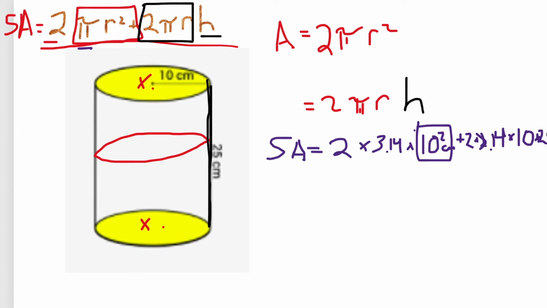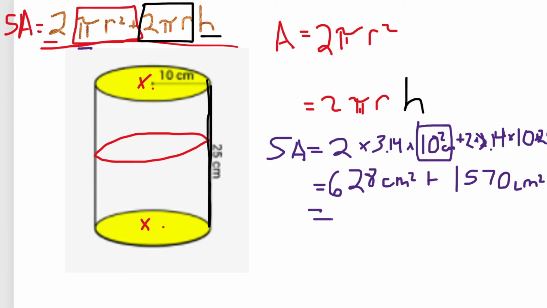So this is going to equal 628 centimeters squared, plus, now we're going to do the other side: 3.14 times 2 times the 10 times the 25, which is 1,570 centimeters squared. Remember, if we're thinking about this in terms of area, it's centimeters squared.